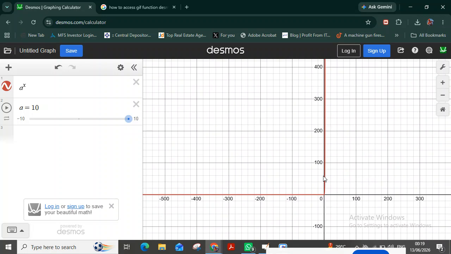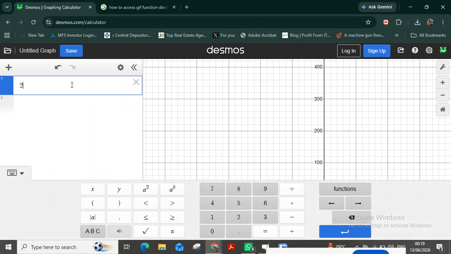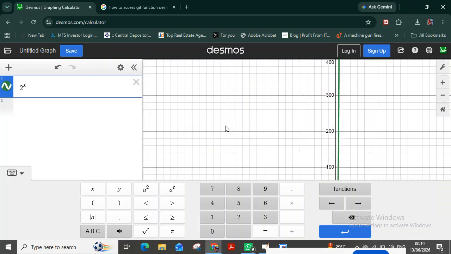Sorry for the break, guys. Let me show you the graph of a to the power x. Let us draw the graph of 2 to the power x. A famous graph. It will be like this exponential graph.